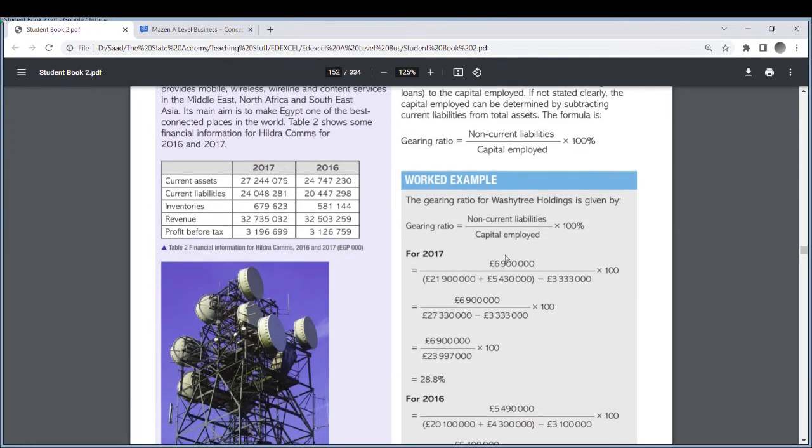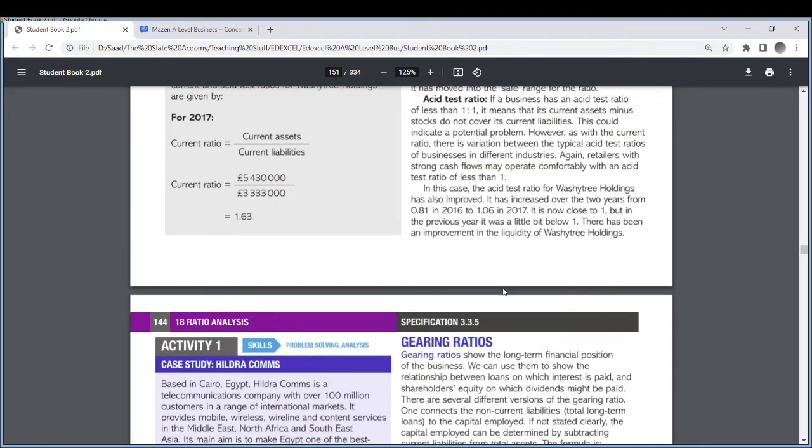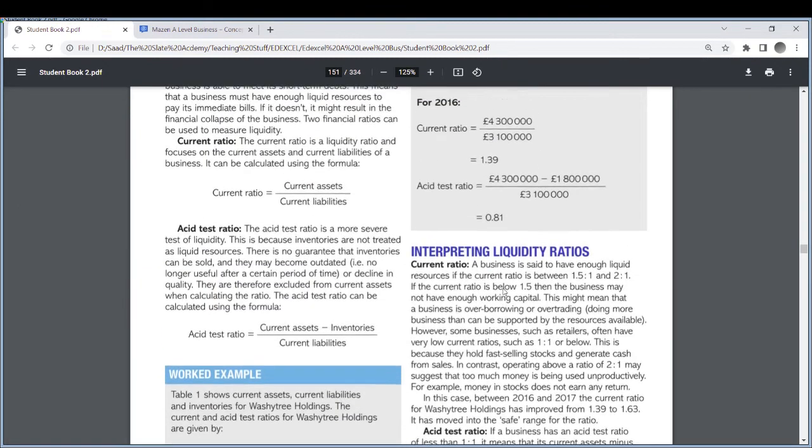And the total non-current liabilities are 6900. So 6900 divided by capital employed. What have they done? Is the 21,900 plus that the total assets or total current liabilities?